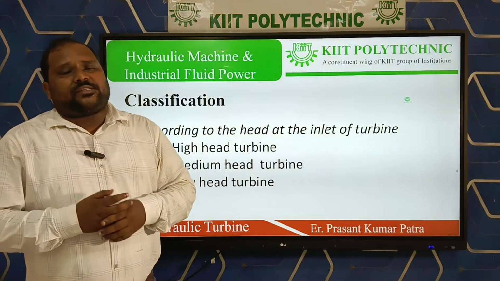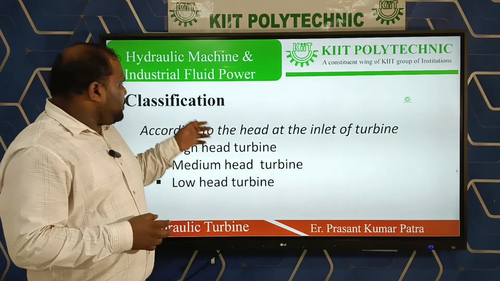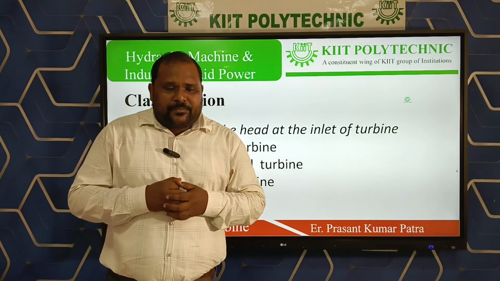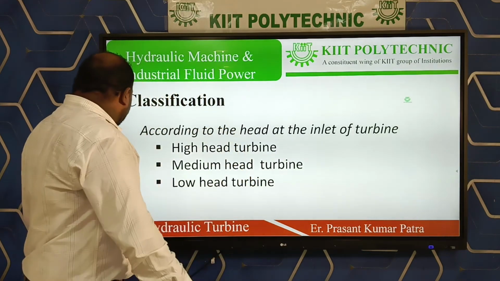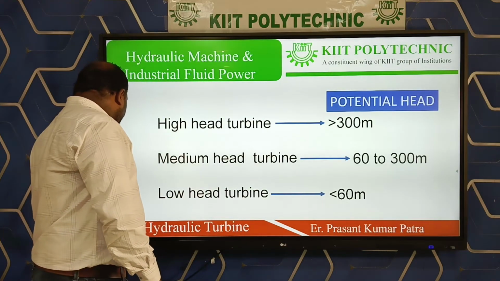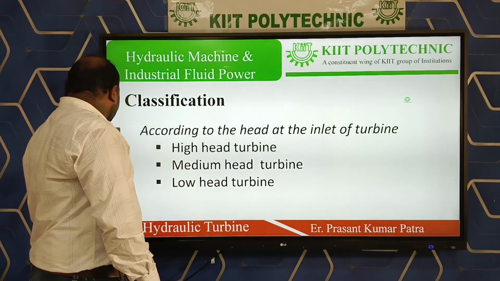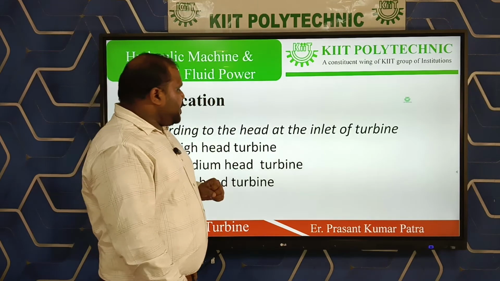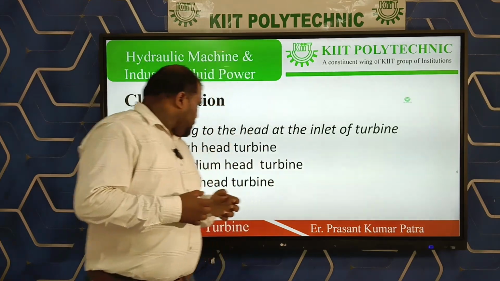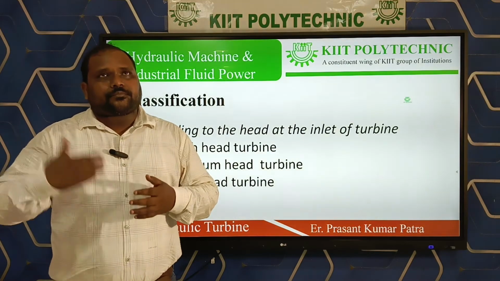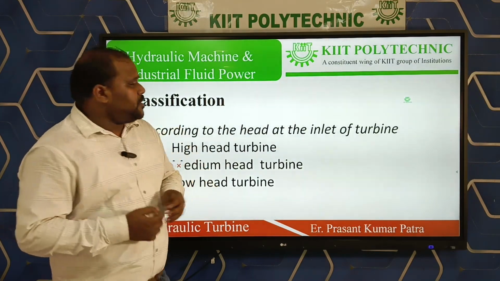This is another mode of classification where we will discuss the classification according to the head. What is that head? First we will discuss. In case of hydroelectric power plants, what happens?